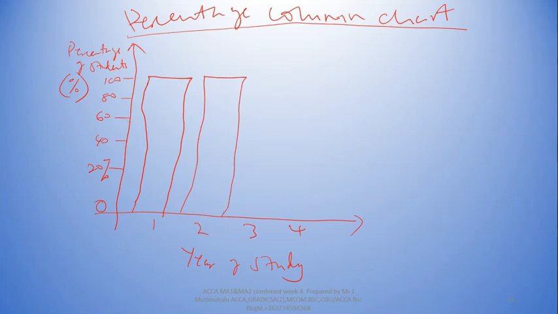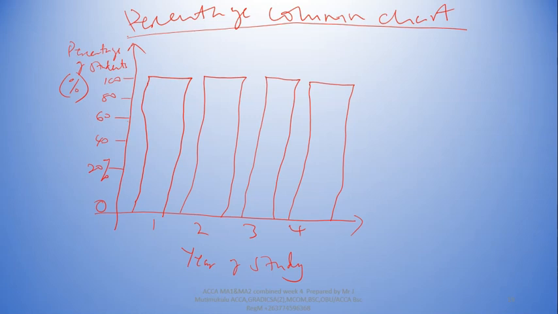They are of the same height. In a percentage component chart, these columns are of the same height. Why is it so? Because there is the same total. All percentages add up to 100%. Are we together? All percentages add up to 100%.